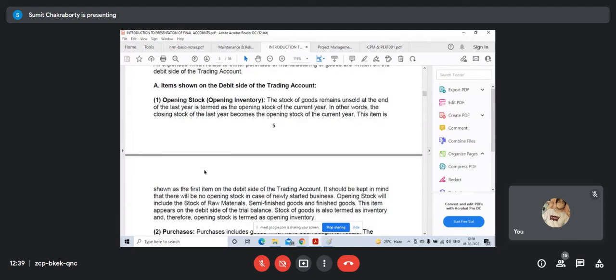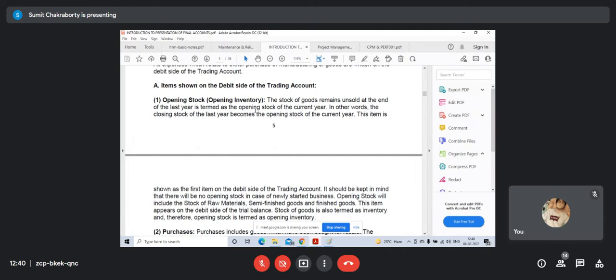Now as I said, journal entry, ledger entry and trial balance carry 14 marks, and this trading account, profit and loss account, and balance sheet will be 14 marks. So 28 marks will be there. 14 marks already covered. So we are going to the next 14 marks.